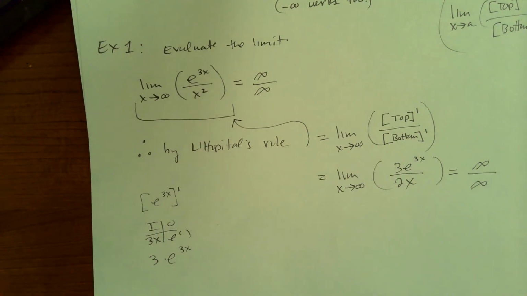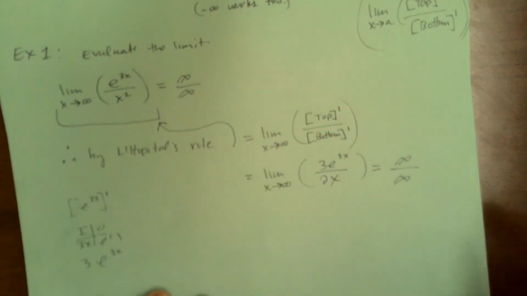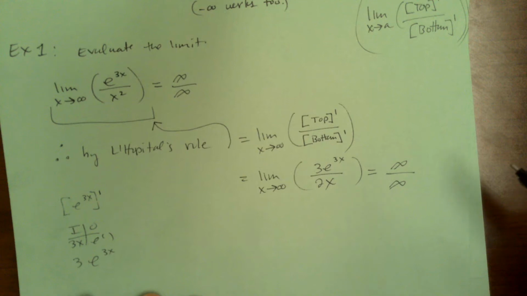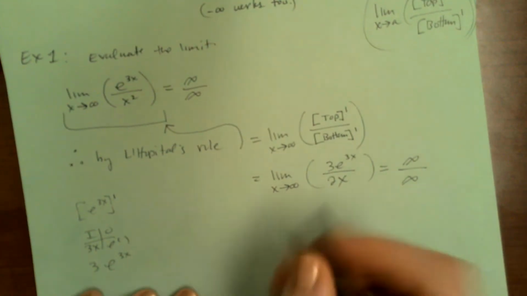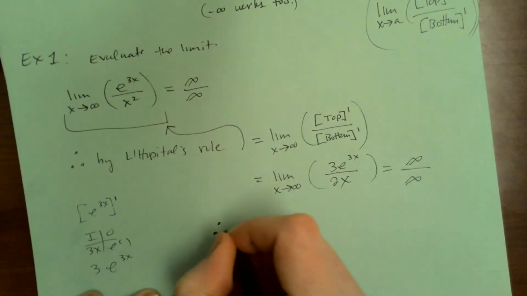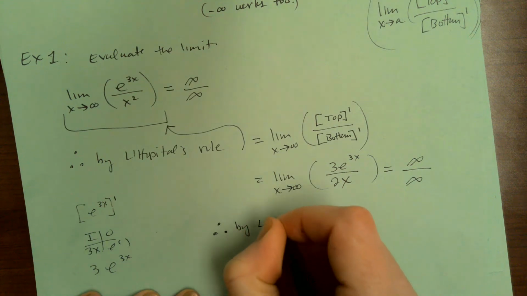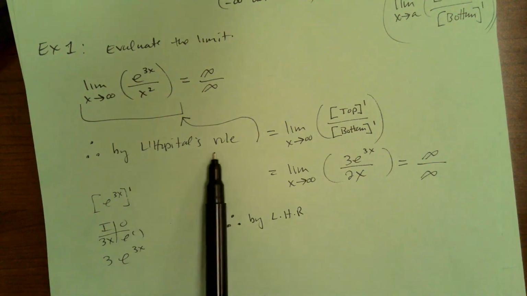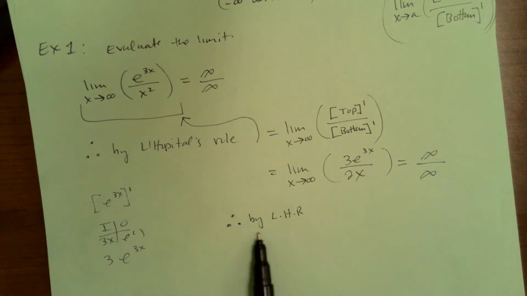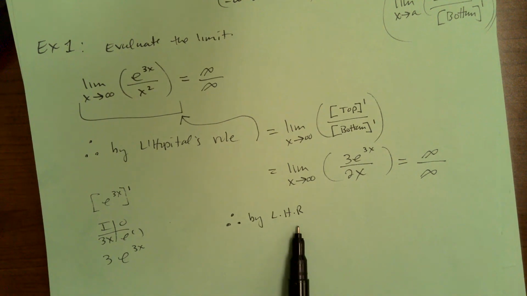So we end up with infinity over infinity again, so we can apply L'Hopital's rule again. I'll say therefore by LHR, since I already wrote out L'Hopital's rule. If you just say this on a test, by LHR, you're not going to get credit.